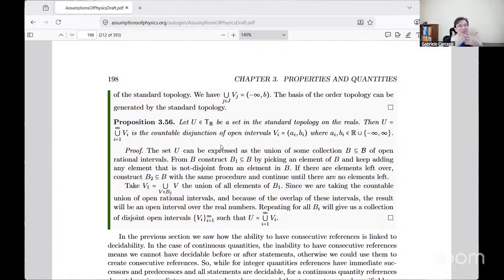So the intersection of the intervals doesn't give you anything else. And then if you take two open intervals and you do the union, either you have another open interval because there was an overlap, or it's the disjoint union of open intervals. And so when you put these together, you are just going to have the disjoint union of open intervals. So that's what open sets on the reals are.